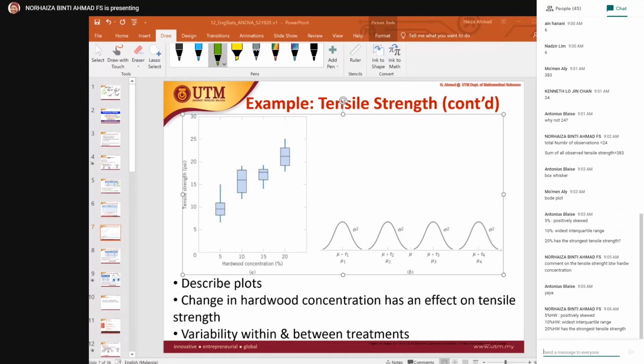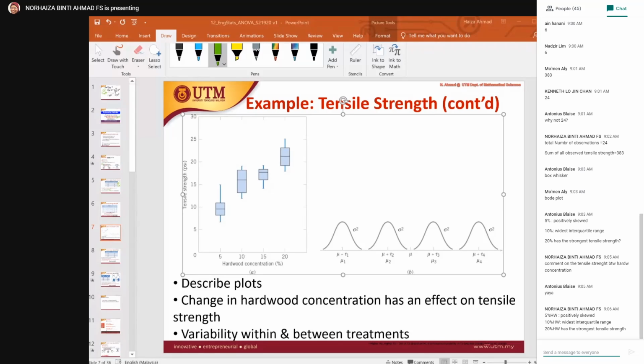So this means that different hardwood concentration shows different tensile strength. They differ in tensile strength, and they seem to have an increasing trend, an increasing pattern.